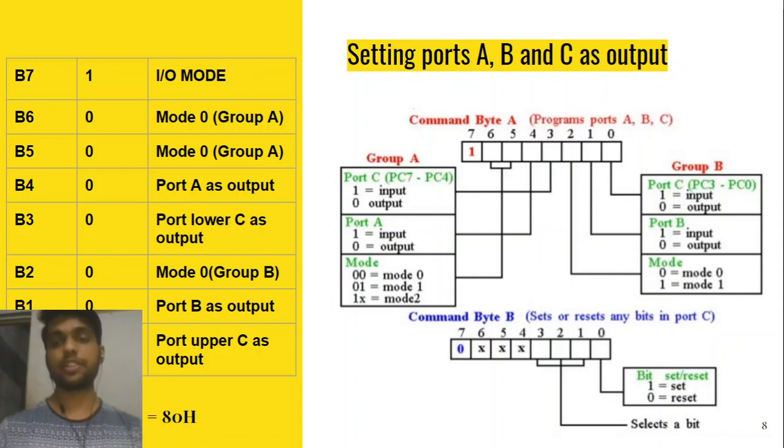So the resulting structure gives only B7 set and other bits reset, which can be converted into hexadecimal, giving the value 80H. So we need to transfer this 80H control word to the 8255 to specify that we need ports A, B, C as the output ports and our device is working in the IO mode.